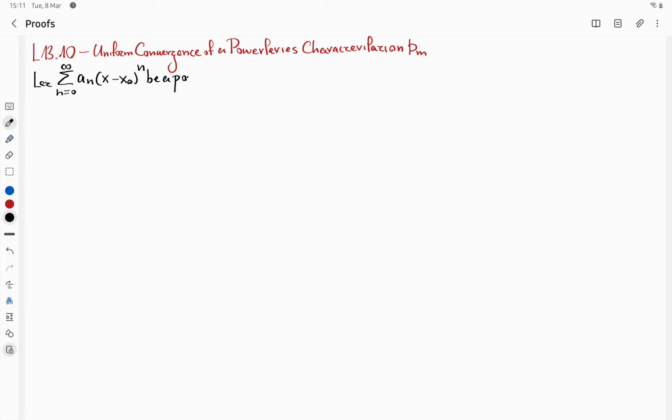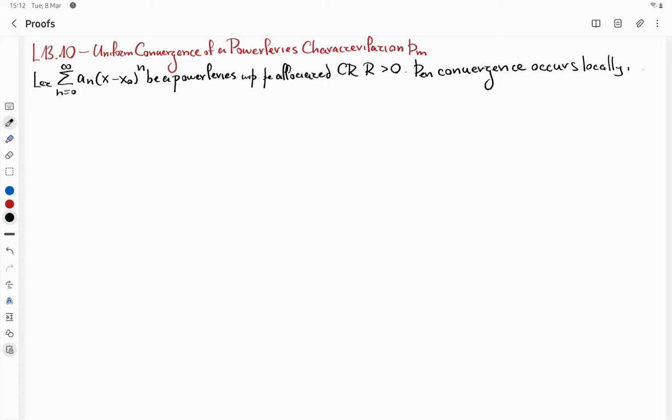So let it be a power series with the associated radius of convergence r, which is greater than 0, then convergence occurs locally, uniformly, on the interval x0 minus the radius, x0 plus the radius, or if you prefer, on the open ball with the center x0 and radius r. The proof is very simple.